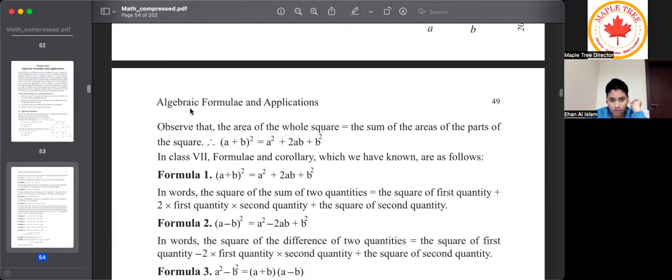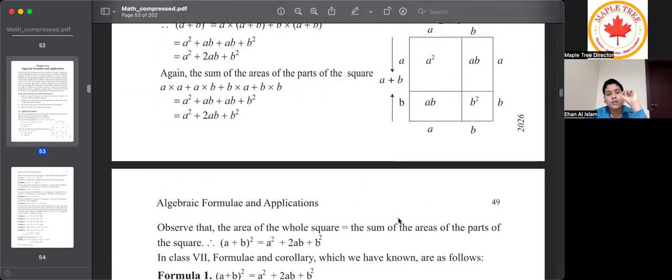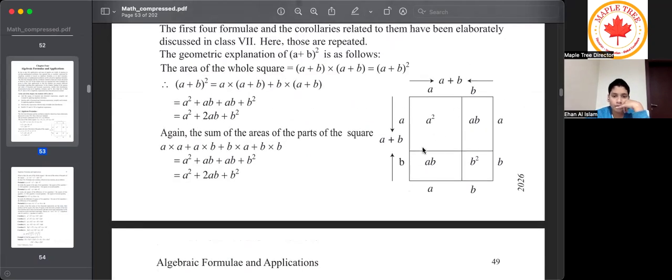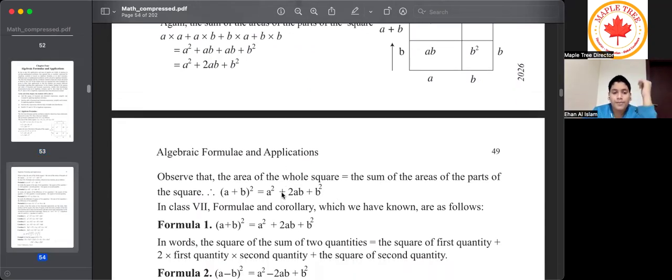So, algebraic formula and applications. Observe that the area of the whole square equals the sum of the areas of the parts of the square. Like (a plus b) whole square is the area of the whole square, and it is equal to the sum of the parts of this square. This is the whole square and these are the parts, and we added those.